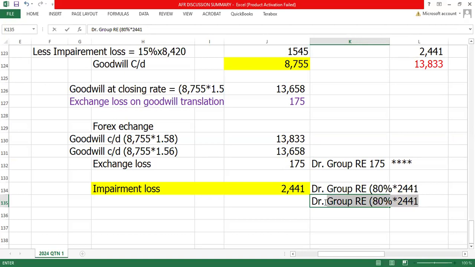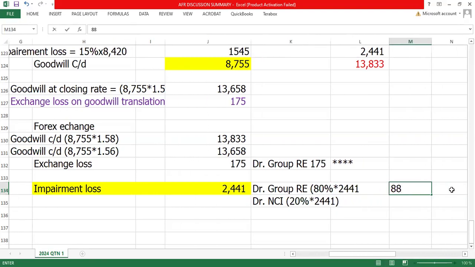Then here you also debit NCI, which is 20% times 2441. When you are doing the working for retained earning, don't forget this.